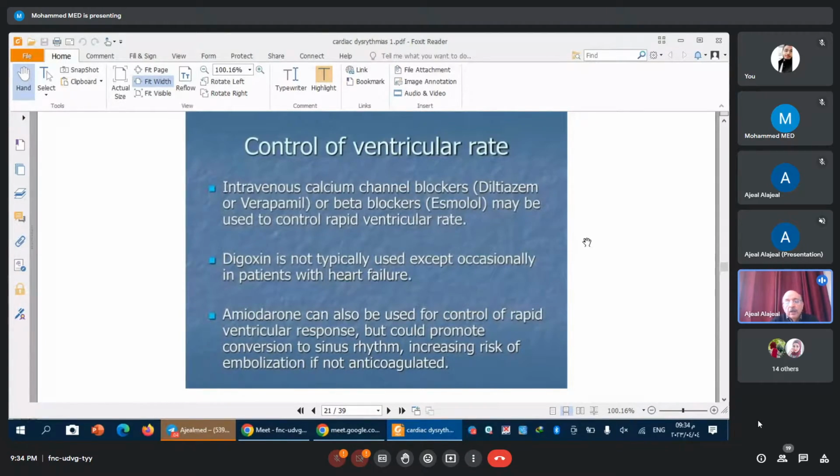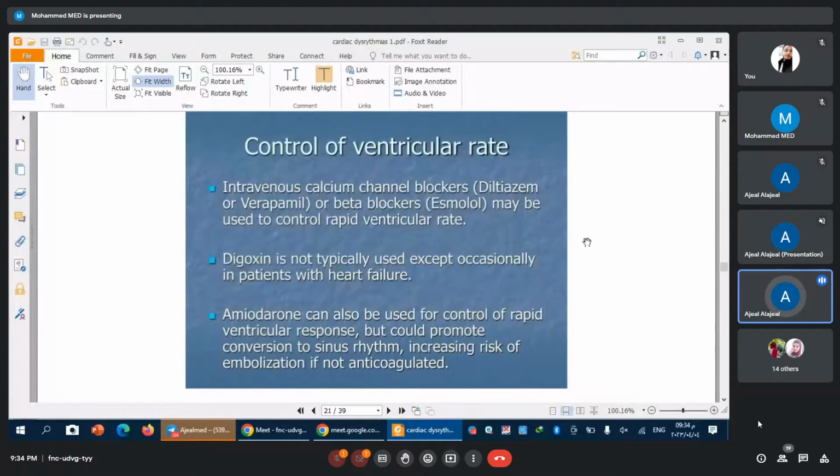Amiodarone is a very good drug. Amiodarone is very manageable. What do I mean by manageable? Amiodarone can be given orally or intravenously by infusion. By infusion, you dilute it with 5% dextrose, 200 ml, and you run it over time. What I usually do, I put 300 milligrams in 200 ml.